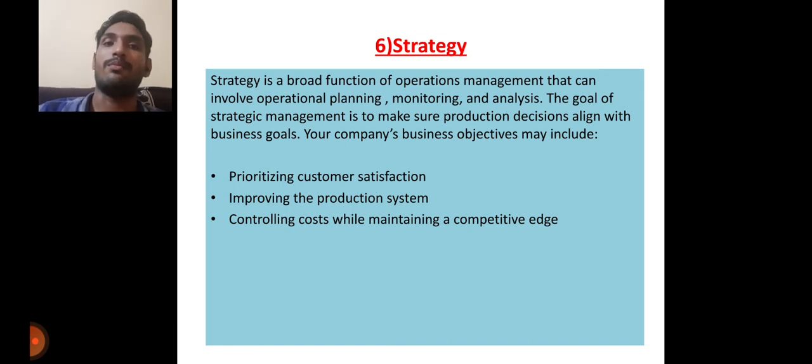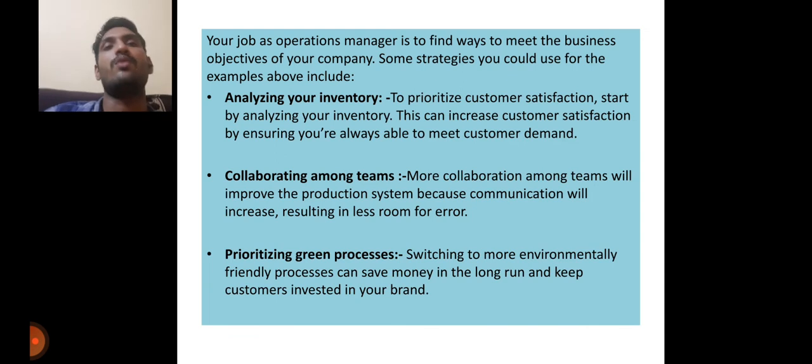Second, improving the production system. Third, controlling cost while maintaining a competitive edge. Your job in operations management is to find a way to meet the business objectives of your company.